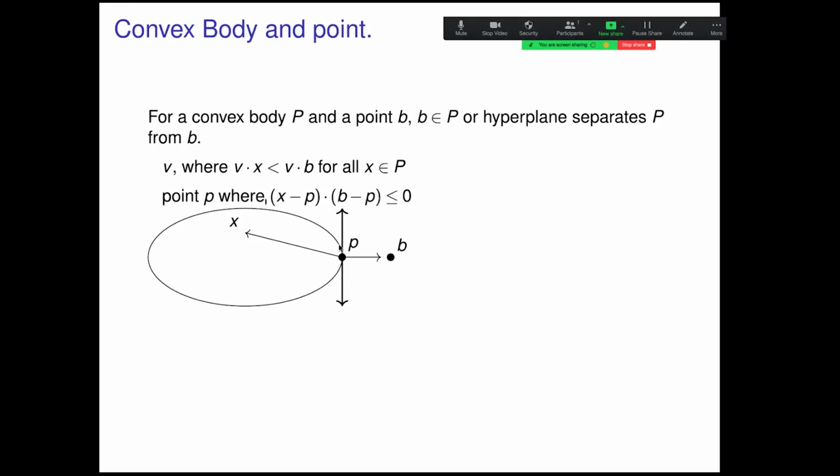Which point in the convex body, or maybe it's more than one, but which is one point in the convex body where the hyperplane defined by B minus P is a separating hyperplane? Anybody?